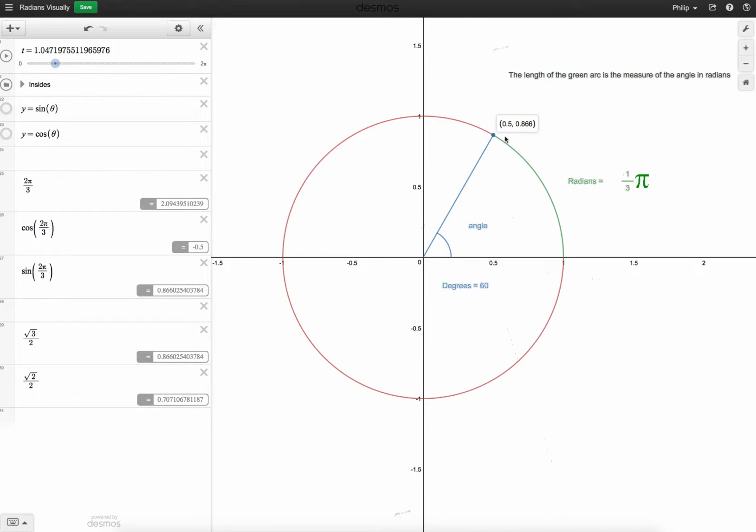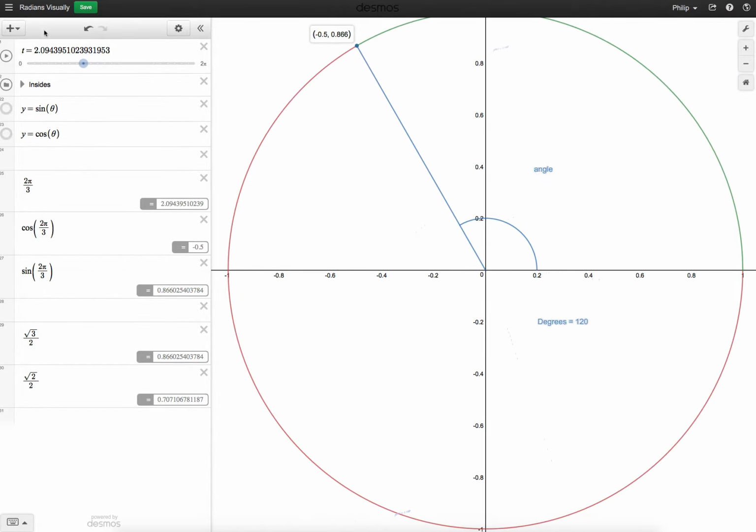In fact, if I went straight across my circle and looked at the point over here, that was 2 pi over 3 that we saw earlier, it looks like it has pretty much the same coordinates except this one is negative. And what if I went straight down? Right, so let's go all the way down to the bottom, down here, and see, that one looks like it has the same coordinates too, except they're both negative.